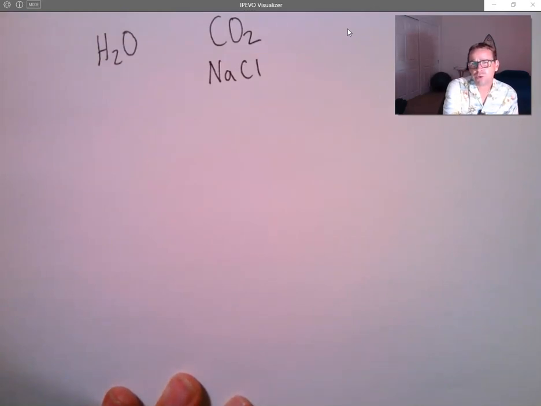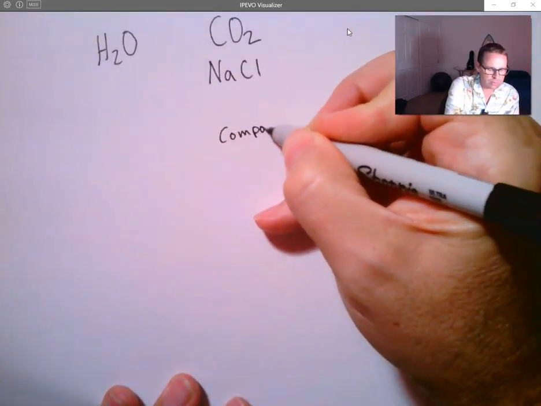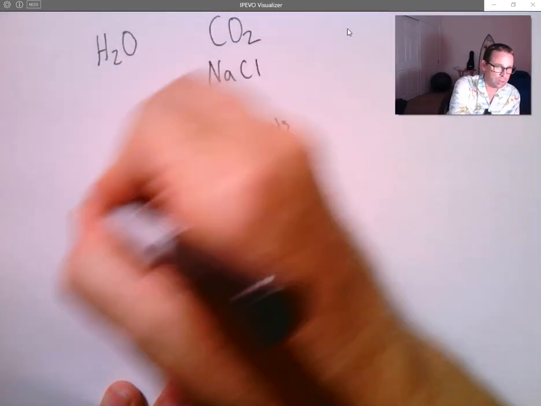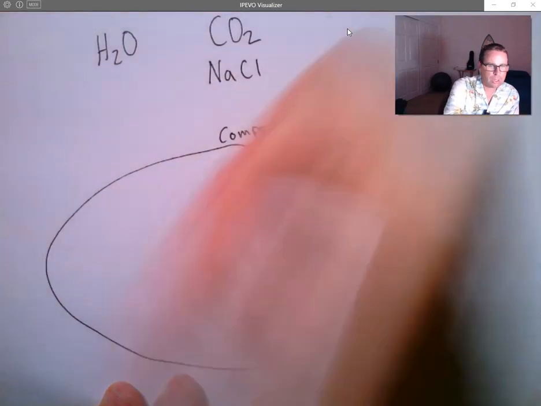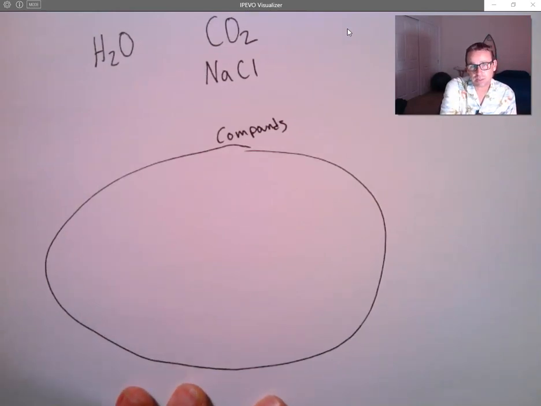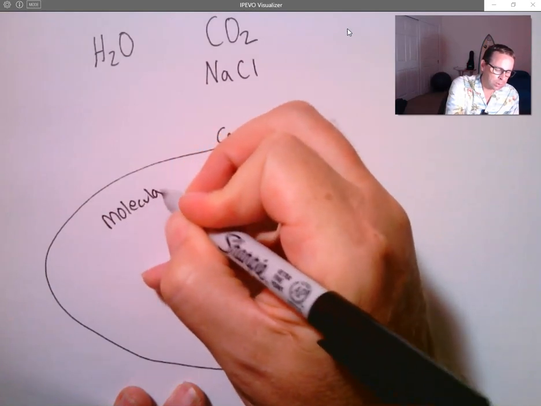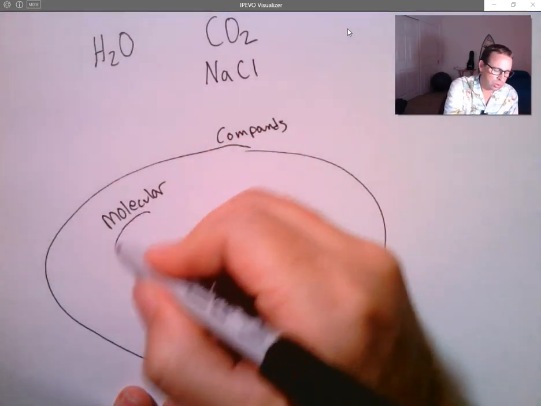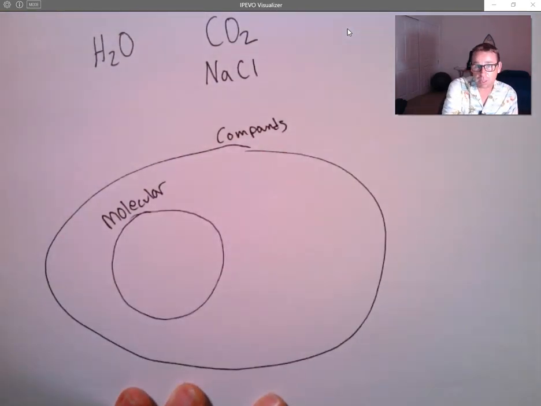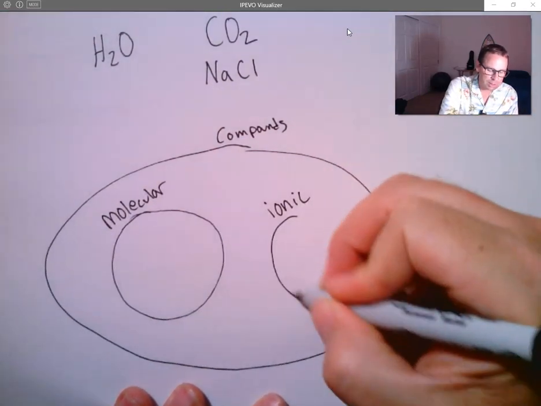Now there are also further classifications of compounds. If everything in my circle here are different kinds of compounds, there are 2 major classes of compounds that we're going to be dealing with in this class. Those 2 types are what we call molecular compounds and ionic compounds.